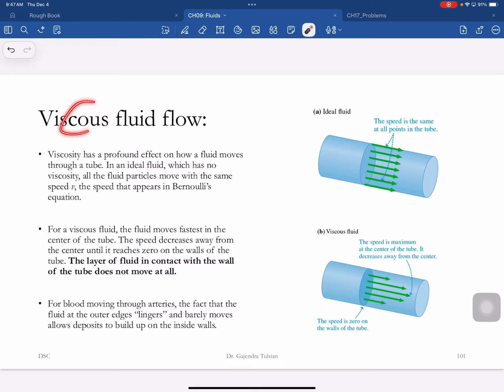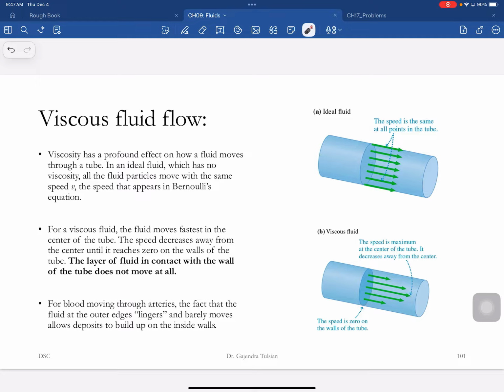If it's a viscous fluid, water sort of flows like this, but honey flows like this in a tube. Look, it's flowing the fastest here, and it gets slower and slower as you go outward toward the tube. And at the edge of the tube, the honey is at rest. The fluid is almost not flowing.